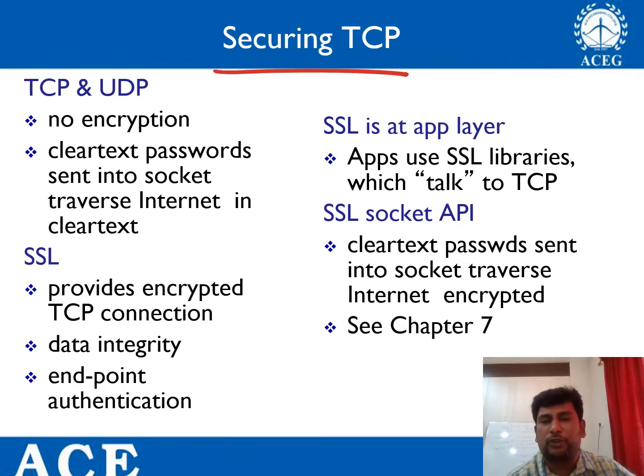So far we have been talking about TCP and UDP and their features, but we have not discussed how we provide security for these applications through these transport layer protocols. Neither TCP nor UDP provides any security service. So to implement security for application layer protocols, we use a special protocol called Secure Socket Layer, in short called SSL.